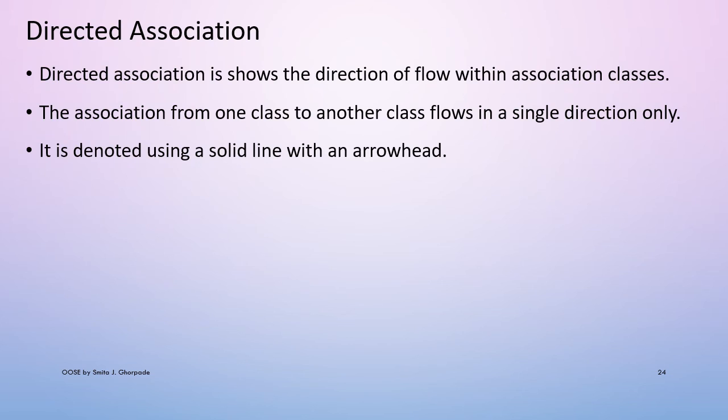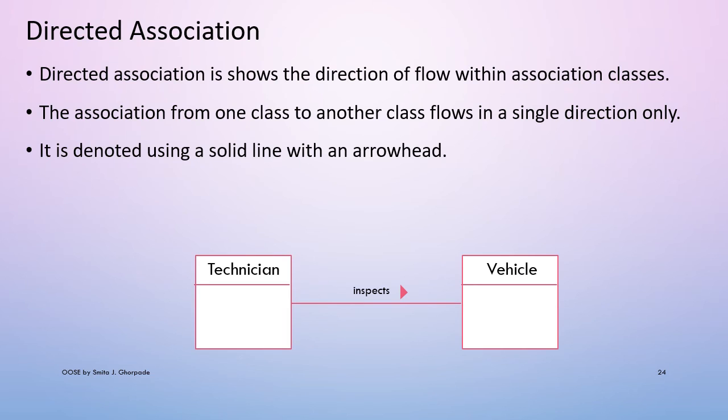It is denoted using a solid line with an arrowhead or with a filled triangular symbol. Now example, technician and vehicle class. Technician inspects vehicle and the flow is shown by this filled triangular symbol.